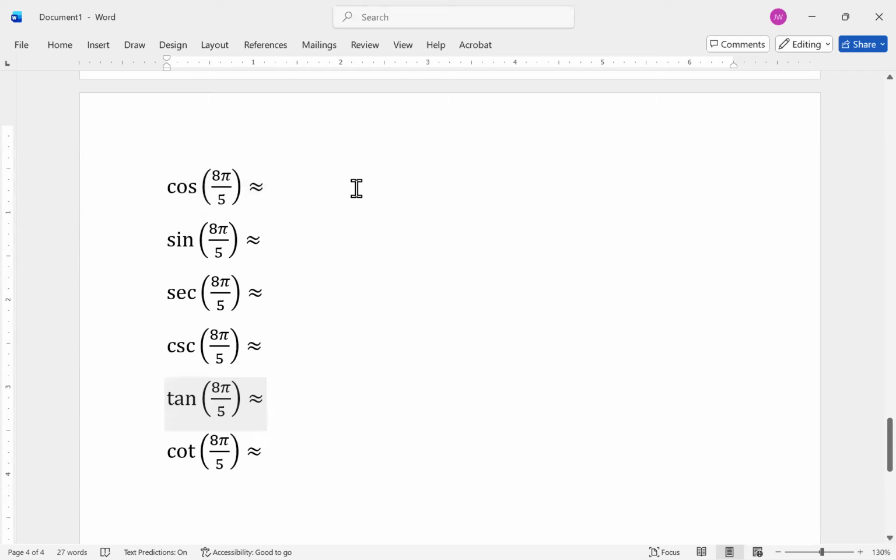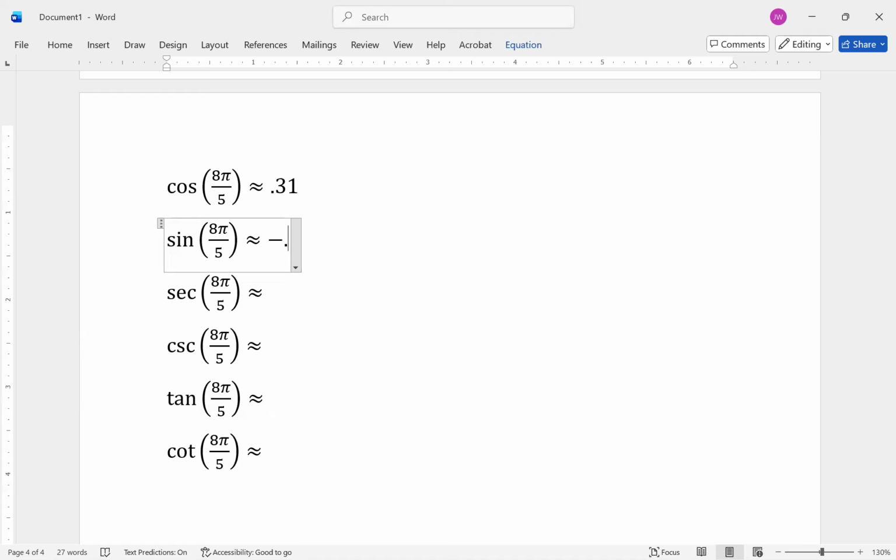All right, so let's go ahead and do this. Now, again, I'm just going to utilize my calculator. Since the angle is in radians, make sure your calculator is in radian mode. So cosine of 8 pi over 5 is about 0.3090 if I round to 4 decimal places. I think I'll round to 2 decimal places right now so that I am consistent. So sine of 8 pi over 5, I just typed that in.